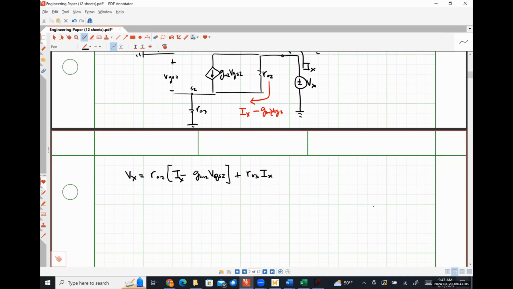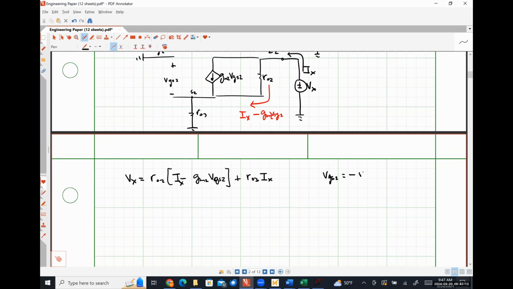So the substitution that I'm going to do is that VGS2 is just negative R03 IX. And I can say that because the negative polarity terminal is here. The positive polarity terminal of VGS2 is at ground. So this is just as good of a place to represent VGS2.